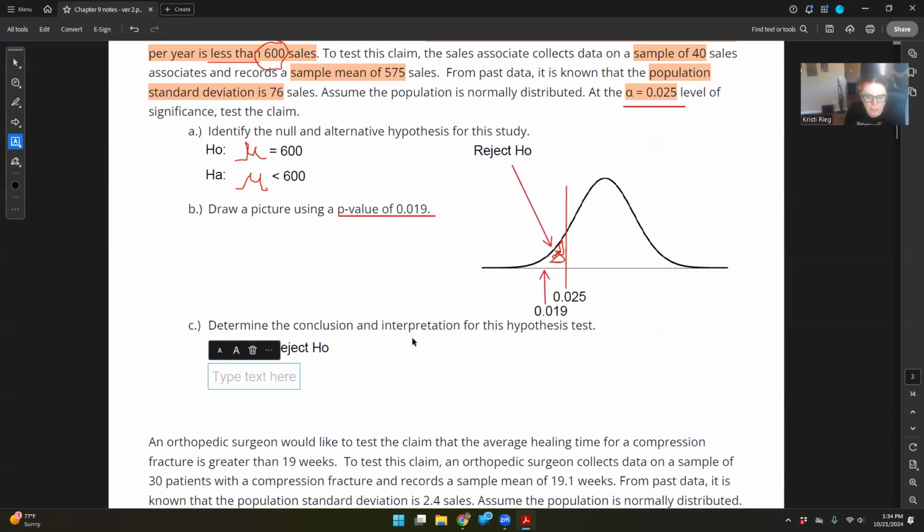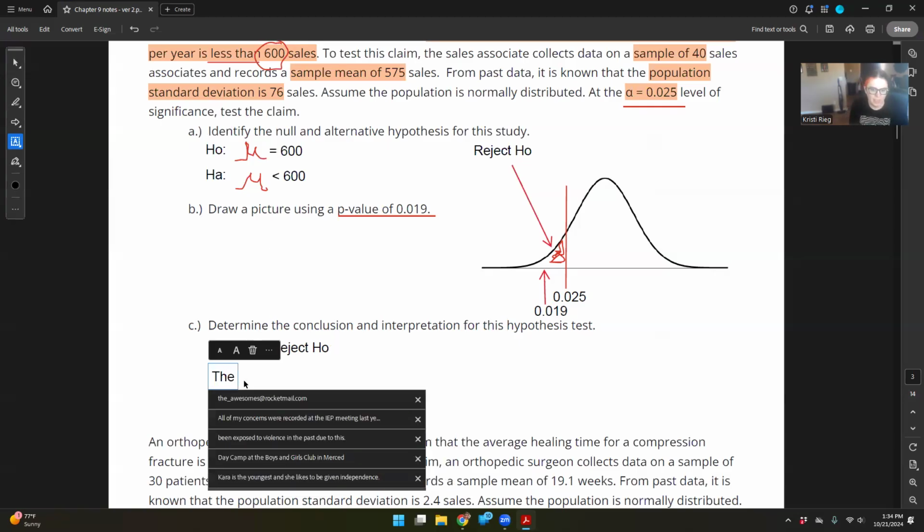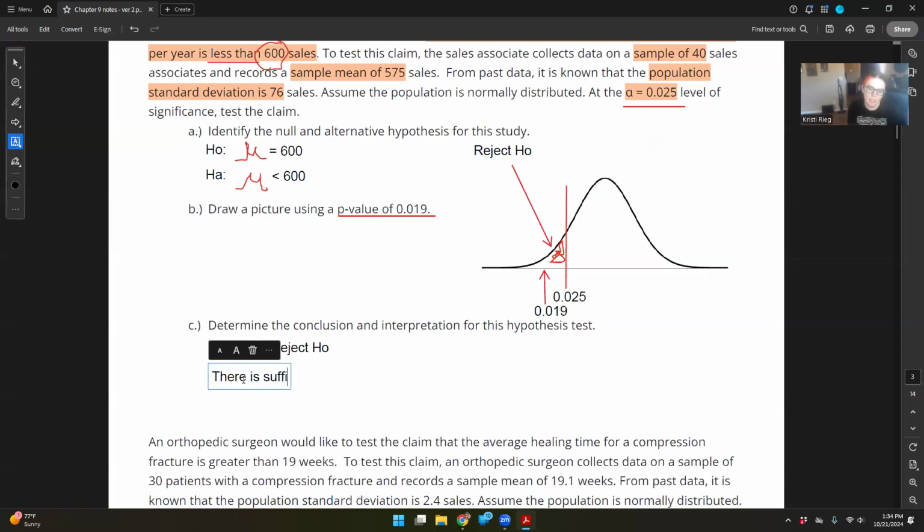Now, to determine the conclusion, we are going to say, because we are rejecting the null, there is sufficient evidence to support the claim that, okay, let me come back to the problem first.